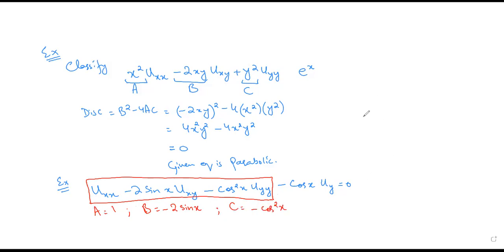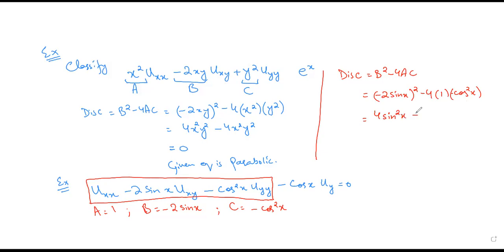So we just have to evaluate the discriminant, which is equal to b square minus 4ac. You can evaluate it as minus 2 times sine x whole square minus 4a, where the value of a is 1 and the value of c is minus cos square x. So the answer will become 4 sine square x plus 4 cos square x.